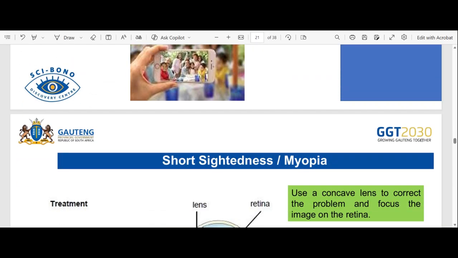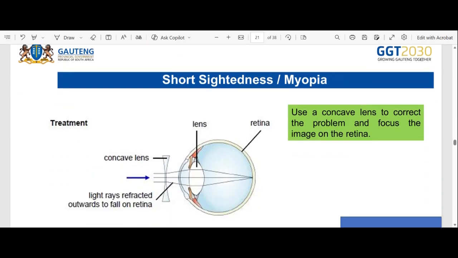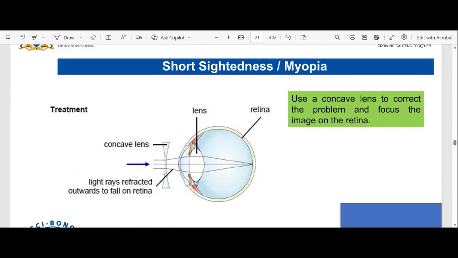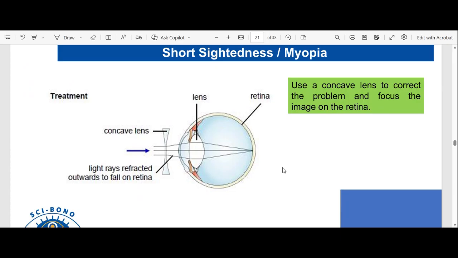Okay, now let's go to the treatment with regards to short-sightedness. The treatment is concave lenses, or you can say biconcave lenses. Remember, something that is concave curves inwards.